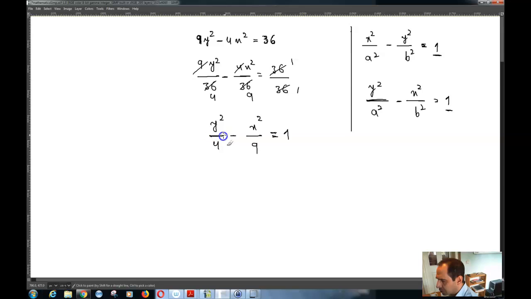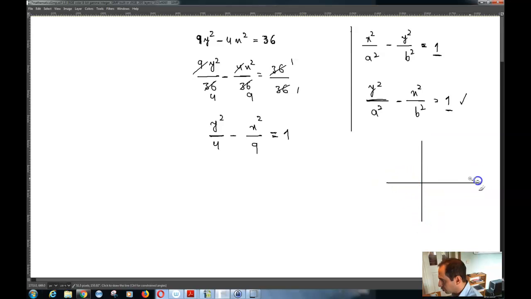So now that you have written your equation in this form, since the positive term is the term containing y squared, that means that your points are across the vertical axis.